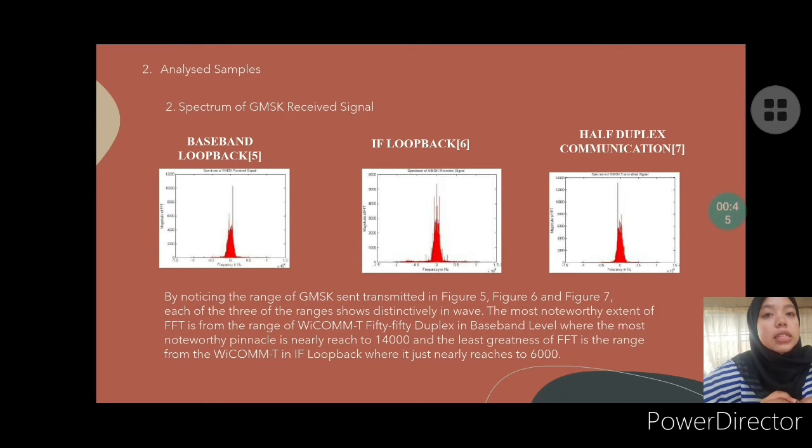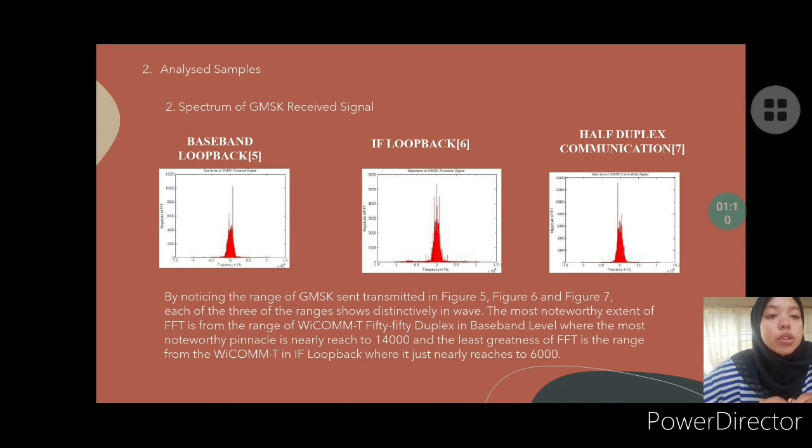2. Analysis sample, which is for the spectrum of the GMSK received signal. By observing the spectrum of the GMSK signal in Figure 5, 6 and 7, each of the three spectra shows distinctly a wave.